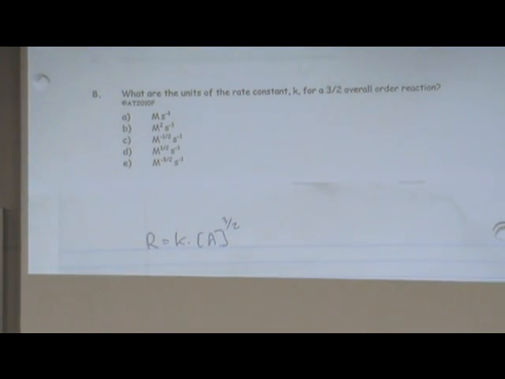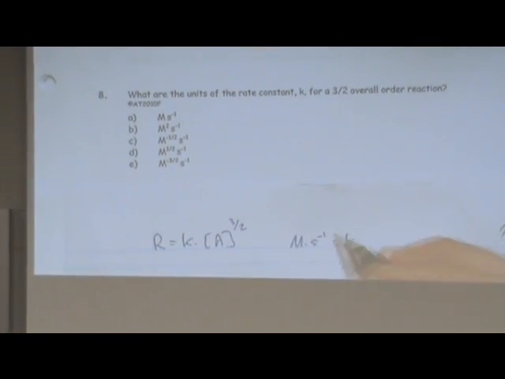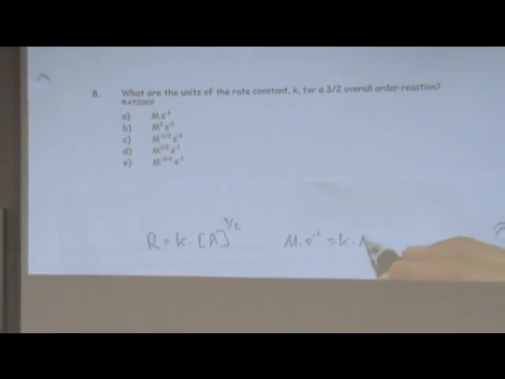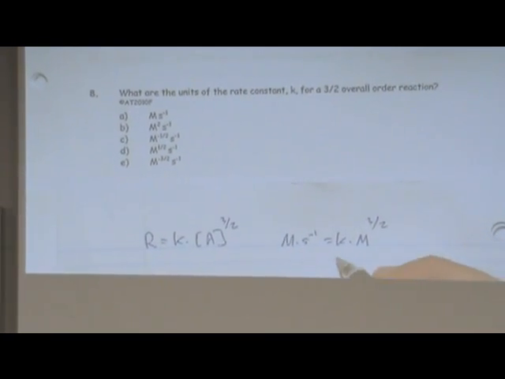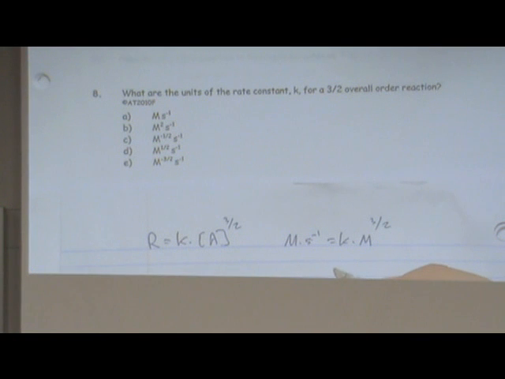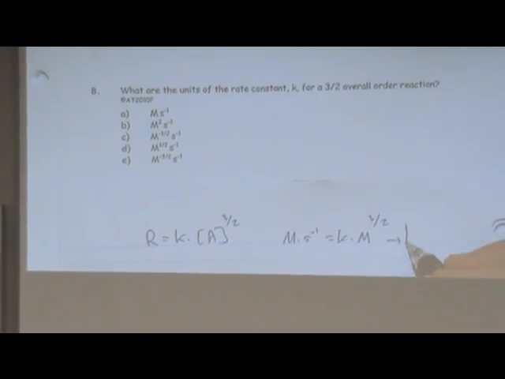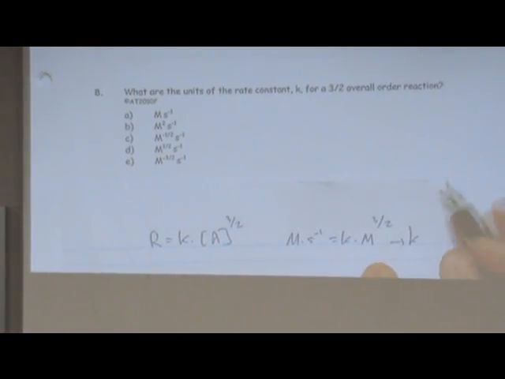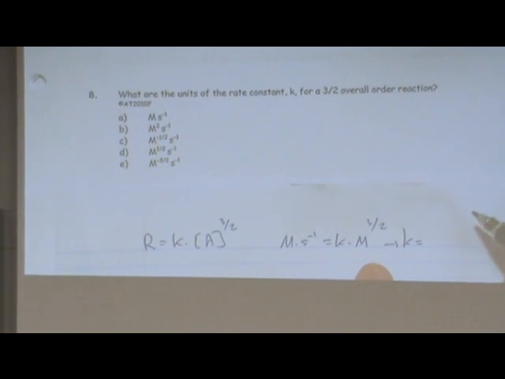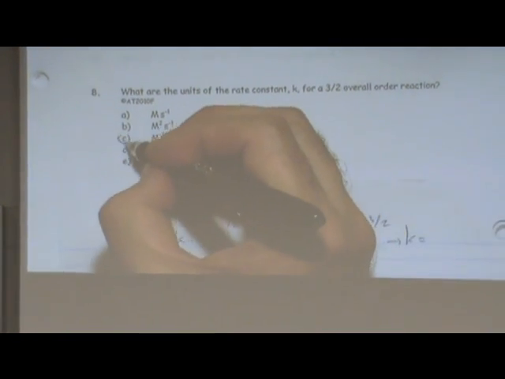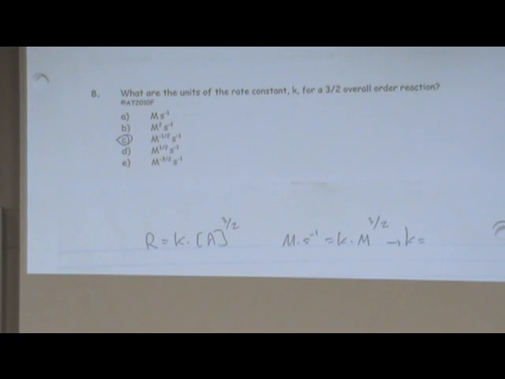Now we should know how to do it. Always, rate is what? Molarity per second. K times concentration, always as molarity, to the 3.5, and you solve for K. From here you solve for K, and you will find what kind of units. What will be the answer? C. Right?